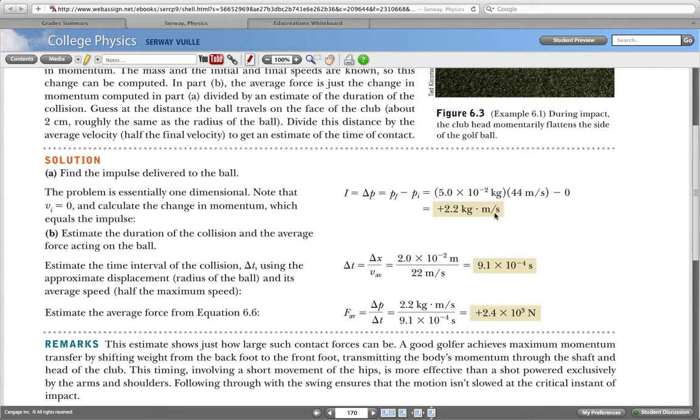Now to calculate the time of the collision between the ball and the club head, we use this change in momentum as in the impulse equation again, to let's see, is that what they're actually doing? They're saying estimate the duration of the collision and the average force acting on the ball.